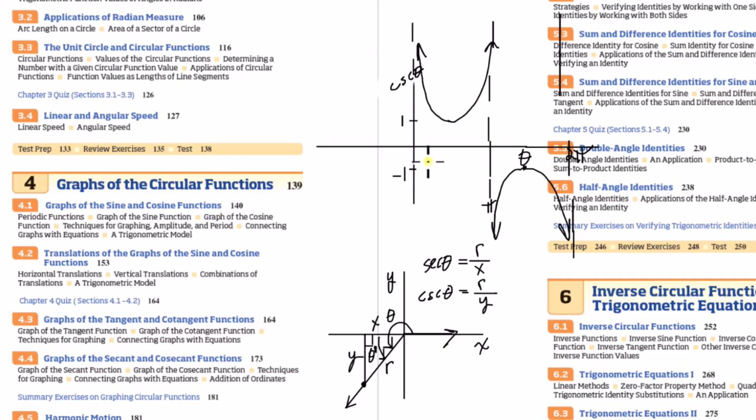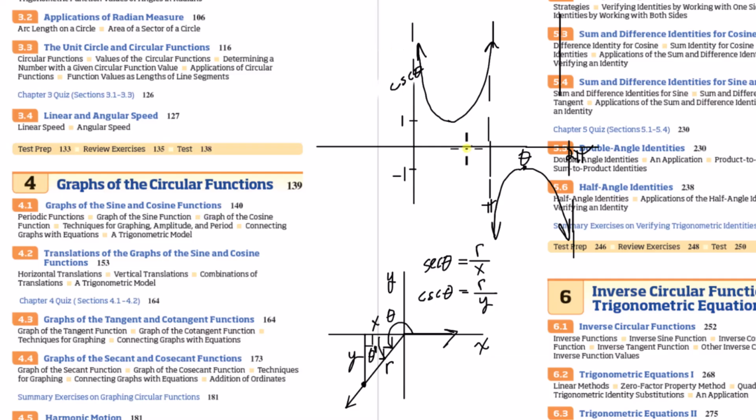Period 2 pi, but it's just like tangent and cotangent, but this is shifted. Cosecant is shifted to the right by, it should be a half or a quarter of a period. Yeah, a quarter of a period. With tangent and cotangent, it's shifted to the right a half of a period, which is interesting, right?